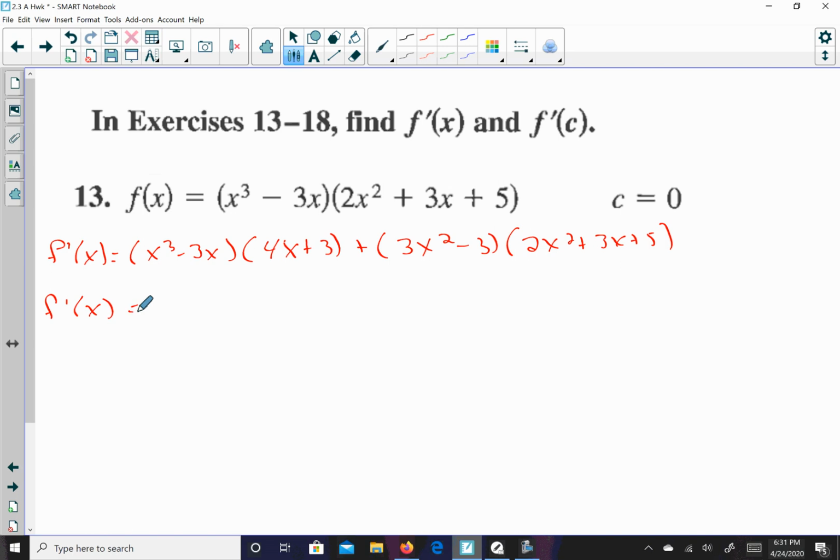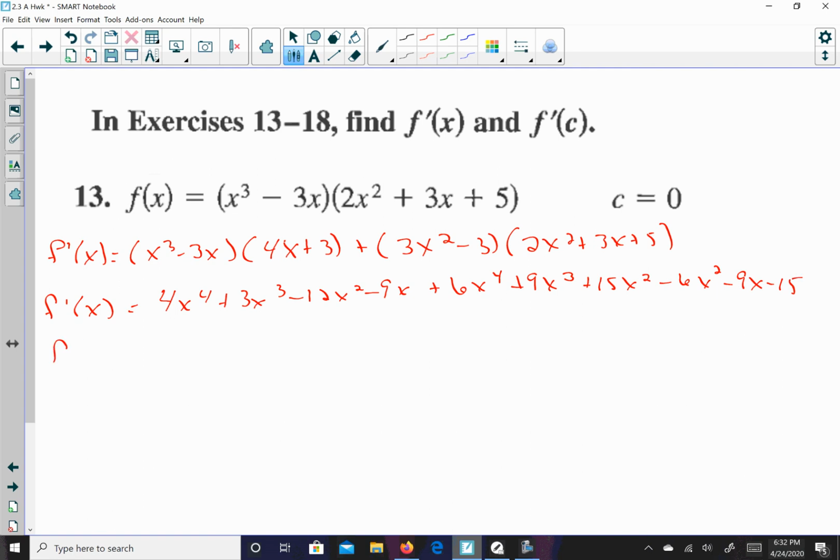So here I'm going to multiply, and when I multiply, I'm going to have 4x to the fourth plus 3x to the third minus 12x squared minus 9x. That's multiplying the first two. Now I'm going to multiply these, and I'm going to have plus 6x to the fourth plus 9x to the third plus 15x squared minus 6x squared minus 9x minus 15.